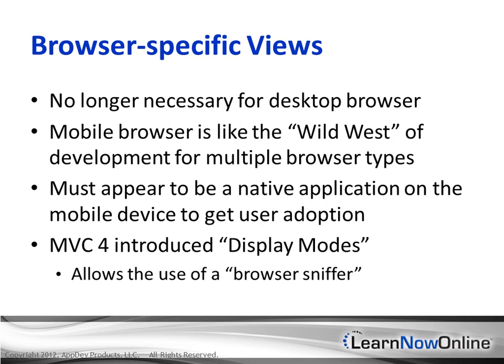So if the display mode is an iPhone, for that matter, you can say use index.iphone.cshtml. If it's a Windows phone, you can say index.windowsphone.cshtml. So that's kind of the idea of these display modes.